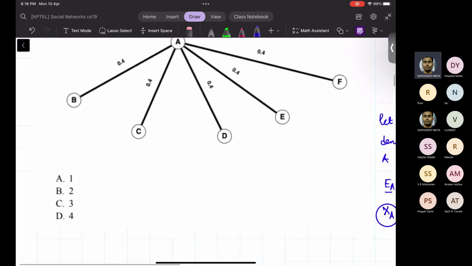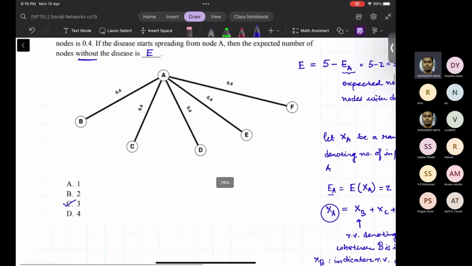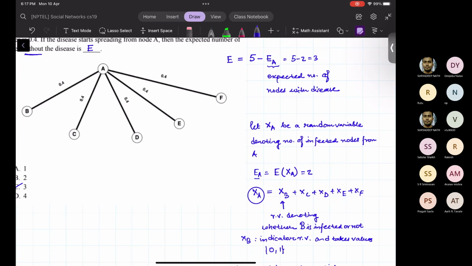So the right answer is option C, 3. Is that clear to everyone? Okay, so we'll move on to the next question.